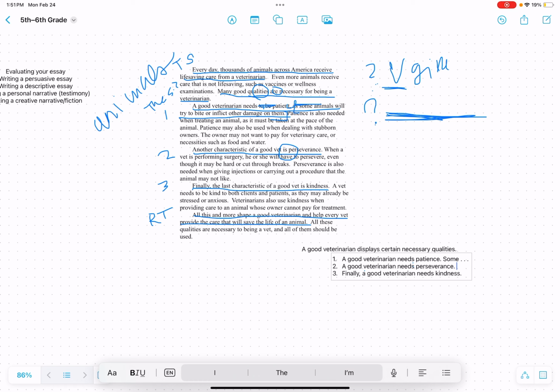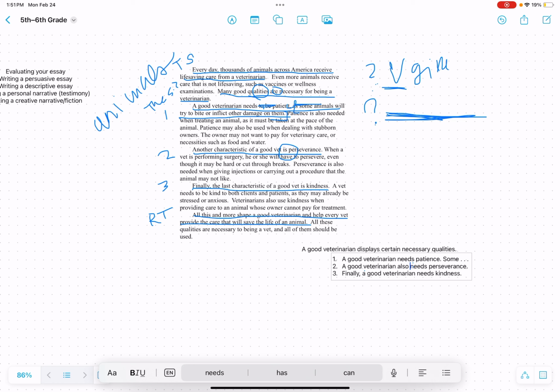So this keeps the buckets very equal. And again, it doesn't mean you can't add in words like also. I think we could do that here. A good veterinarian also needs perseverance. Those kinds of words are transition words. Those are important, and they don't affect how parallel your points are.